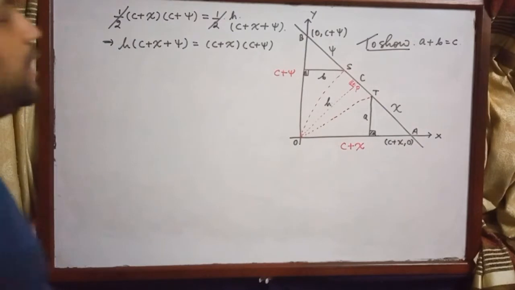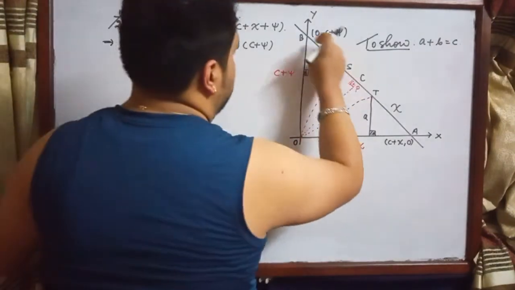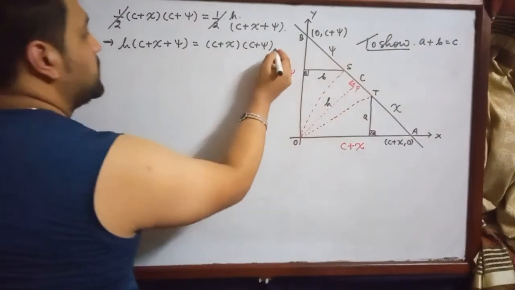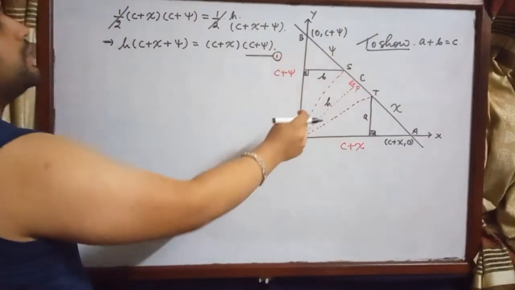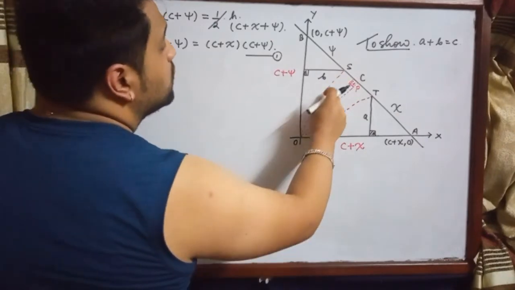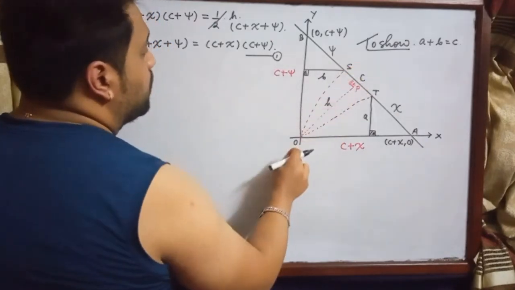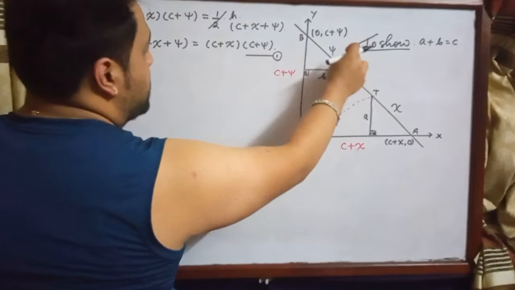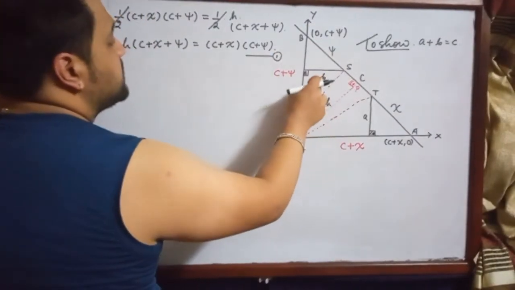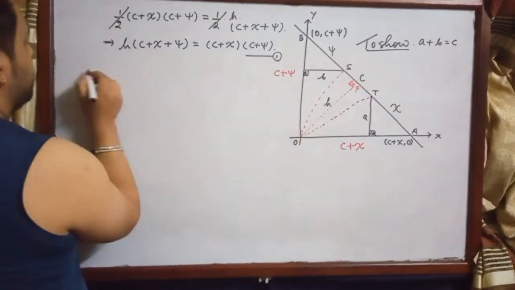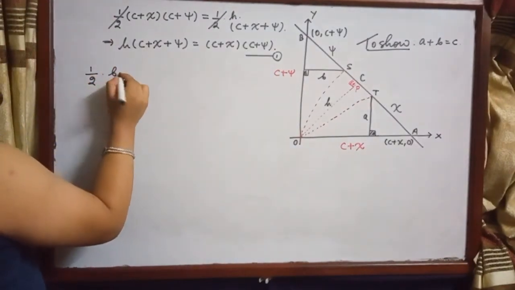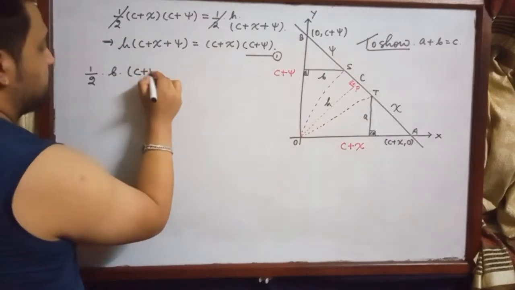Now let's look at triangle OSB. The area of triangle OSB is half times b times c plus psi.